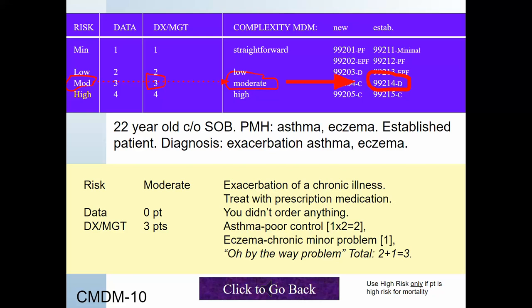Okay. So maybe we're feeling pretty good that we're understanding how to calculate MDM. And I know if you're a medical student, maybe this is like, wow, out of my league. Or if you're an incoming first-year resident, one of our interns, you might think, wow, maybe I can get this, maybe I'm not.